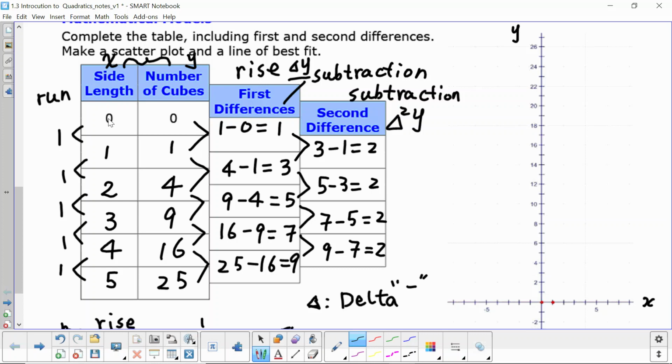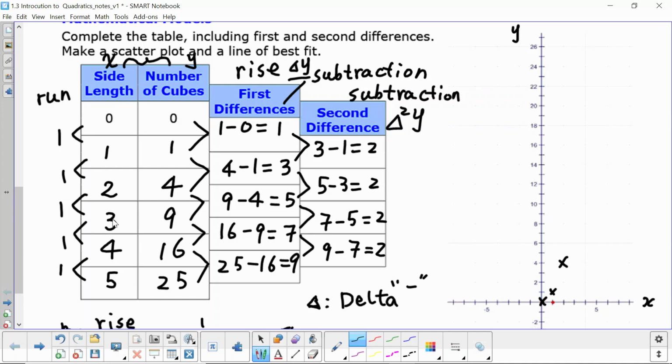Then we are going to find the points. The first point is 0, 0. So 0, 0 is this point. Second point is 1, 1. So x is 1, y is 1. Then third one is 2, 4. So x is 2, right 2, up 4.